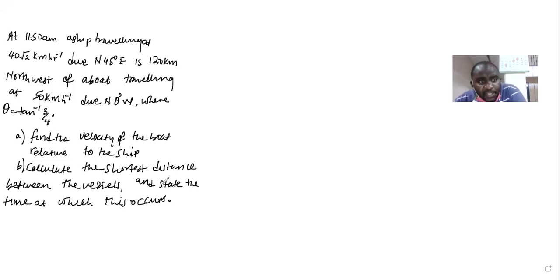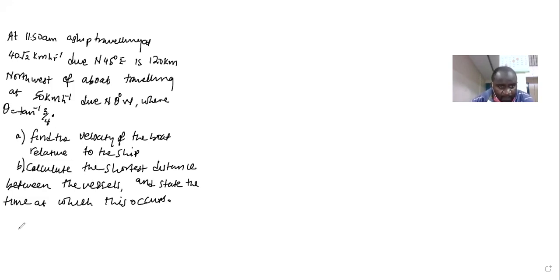So here we have a ship at 11:50 a.m. traveling at 40 root 2 kilometers per hour due north 45 degrees east. So we are going to use both methods here, analytical and vectorial, so that we can recap what happened in the earlier lessons.